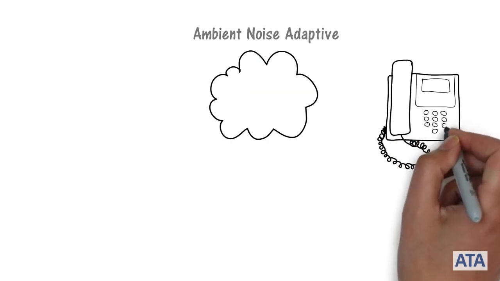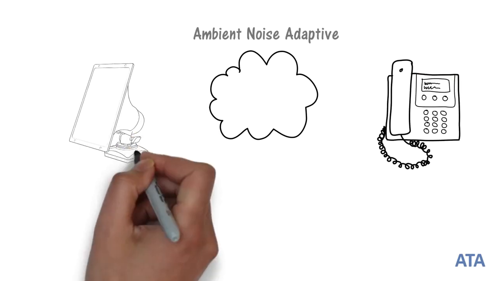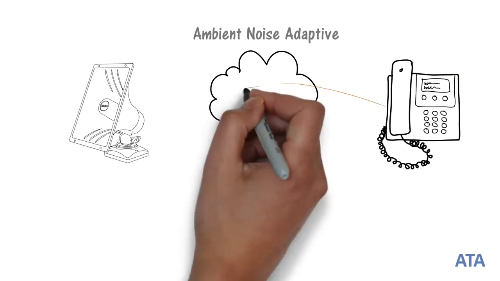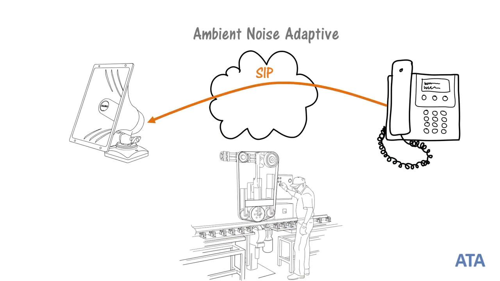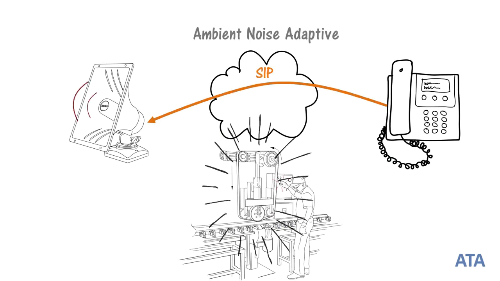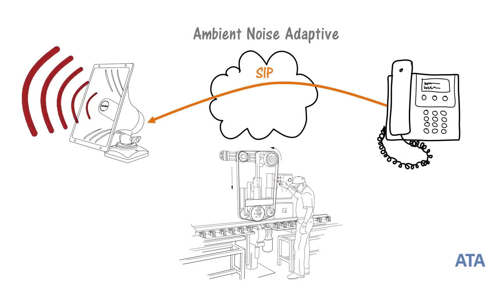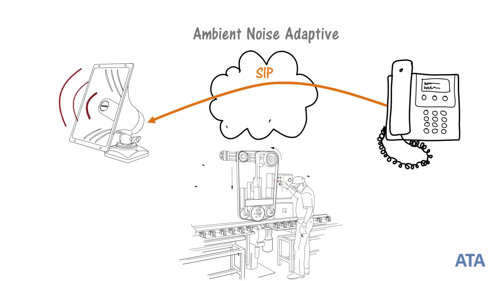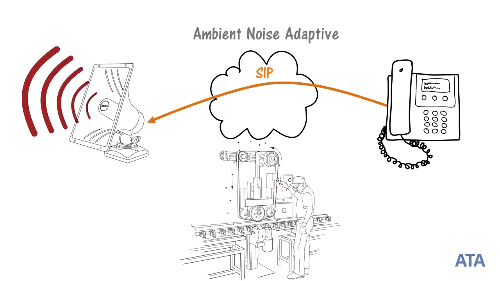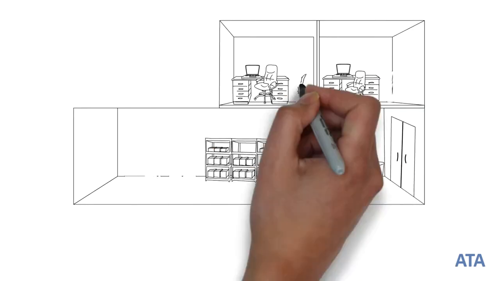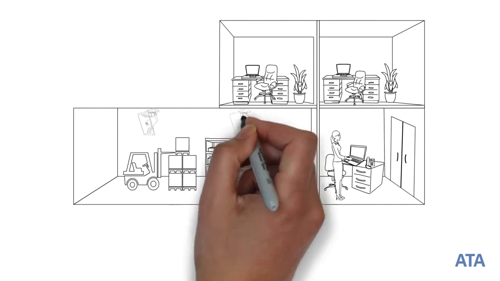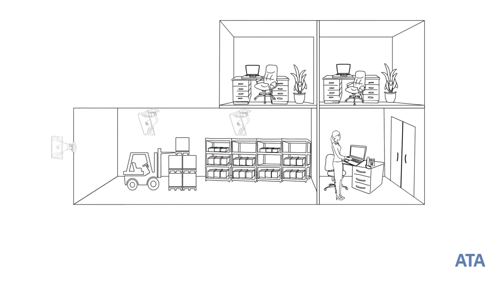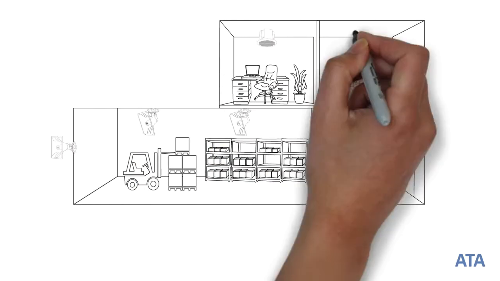For voice paging or ring notification, this feature works well when the noise level can change, such as the case in a manufacturing plant or schoolyard. When background noise level rises, the speaker automatically gets louder to improve speech intelligibility, while not being too loud at other quieter times.